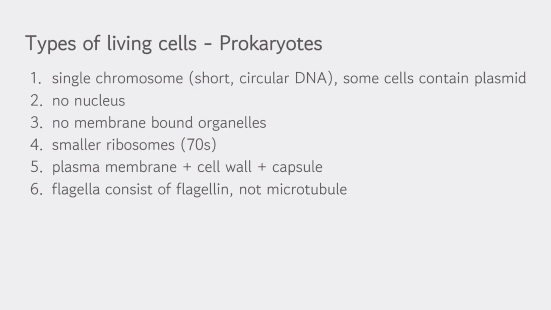Therefore, prokaryotic cells have ribosome and DNA in it, but no Golgi or smooth ER, rough ER, and things like that. And its ribosome is smaller than ribosome in eukaryotic cell, and it has plasma membrane, cell wall, and capsule.